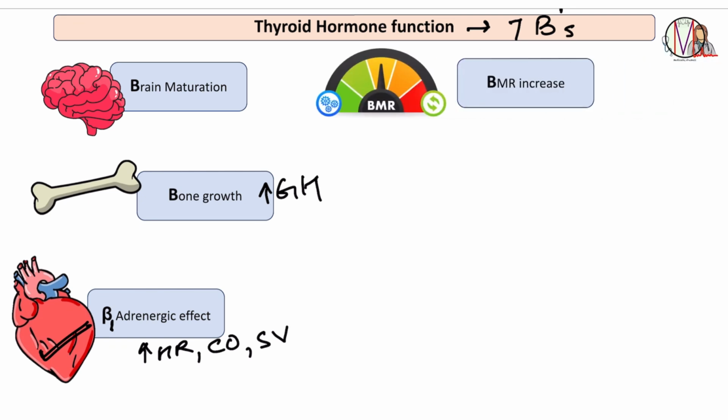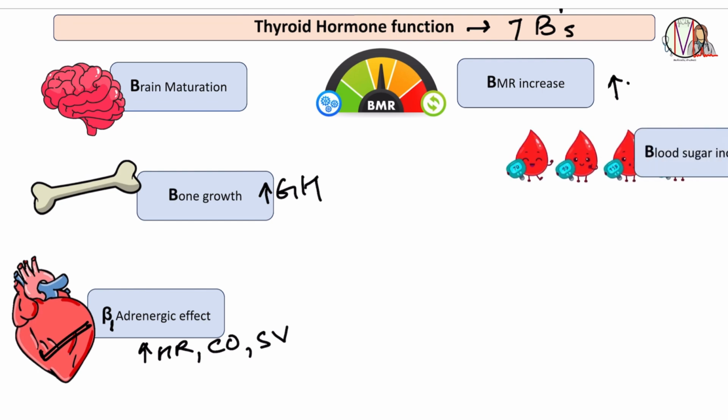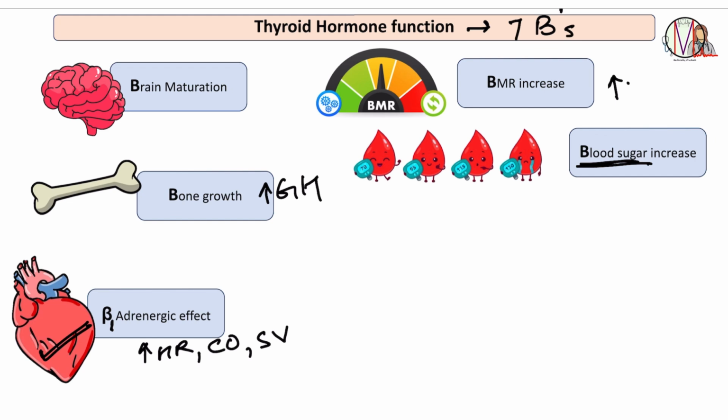The fourth B is for increased basal metabolic rate due to increase of sodium potassium ATPase, leading to increased oxygen consumption, therefore increase in body temperature. Next B, the fifth B is for blood sugar. So there is increase in blood sugar as it stimulates carbohydrate metabolism, therefore increasing glucose reabsorption, increasing gluconeogenesis.